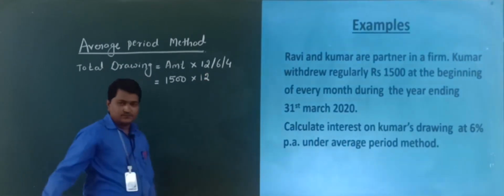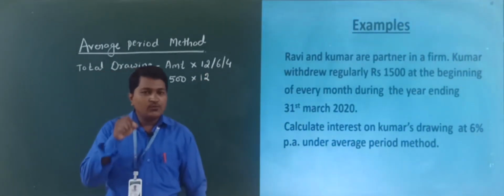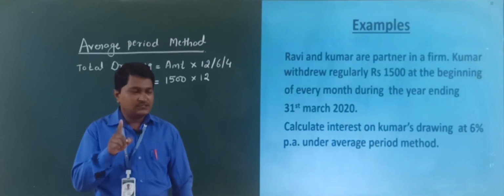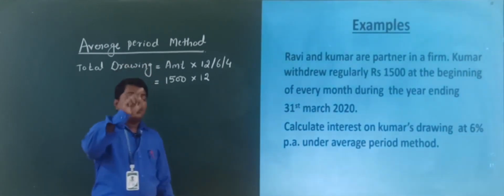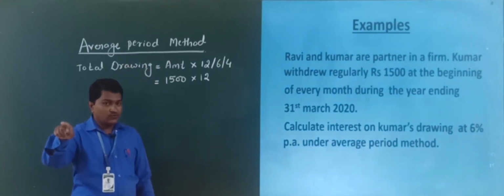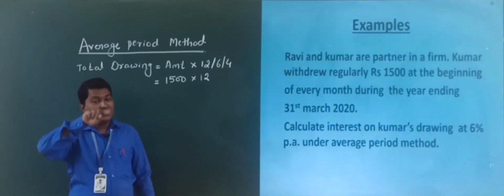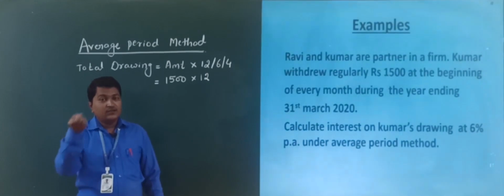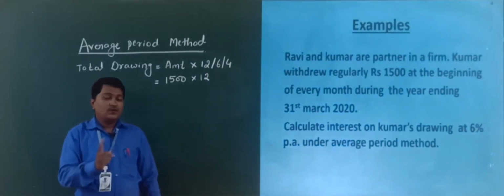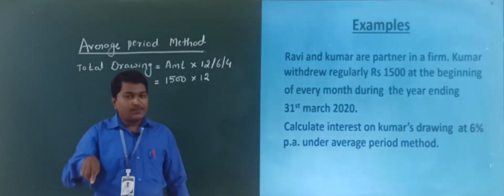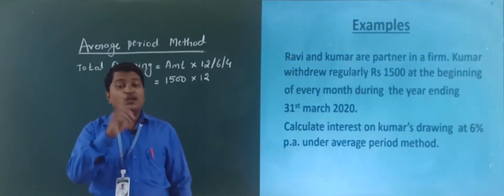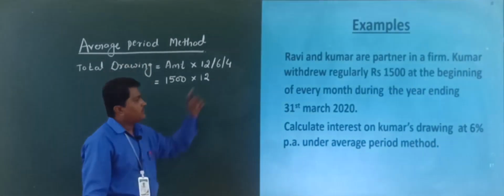So my question is, why do you multiply by 12 only? Yes, they asked to calculate on 31st March 2020. So I once again repeat, if in the question paper they ask to calculate 31st March, then you must multiply by 12. If it is 30th September, then 6, and if it is quarterly, then multiply by 4.